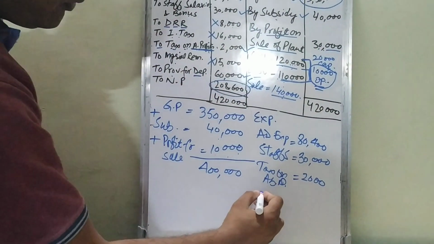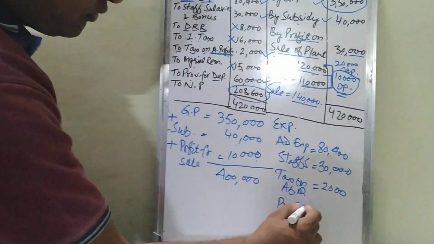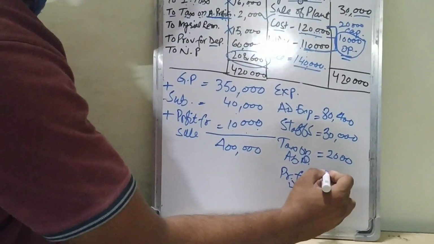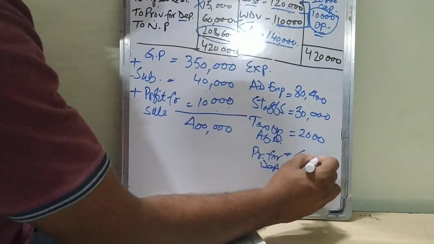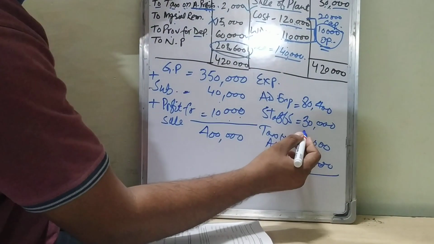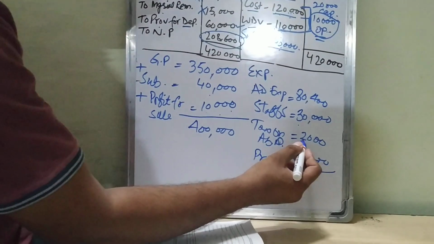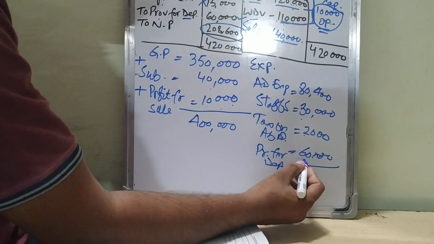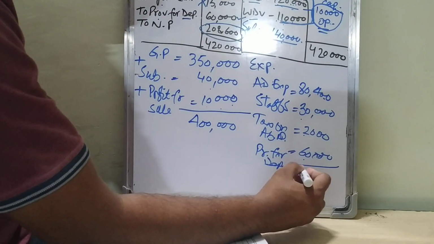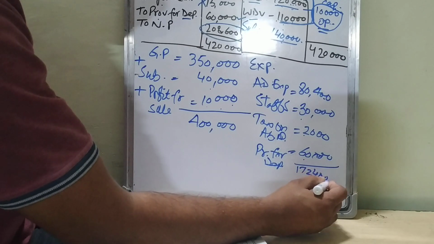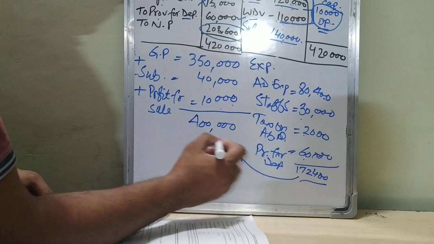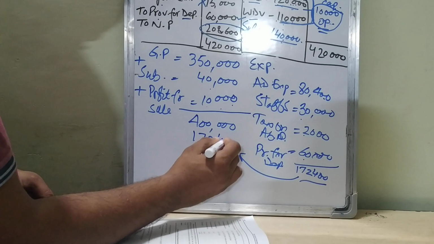And then provision for depreciation, this is 60,000. So 80 plus 30, 110, 110 plus 2, 112, 112 plus 60, 172,400 is the total expenses. So deducting it from here, 172,400.